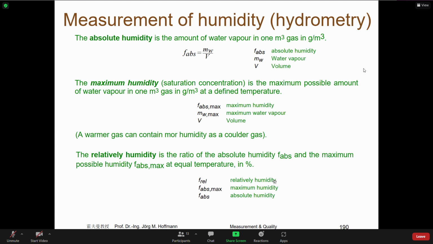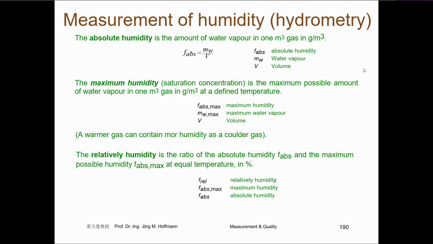And very important is the point when you have an amount of humidity in the air, for example warm air with a lot of humidity in it, and you cool it down, then the air cannot contain so much humidity.